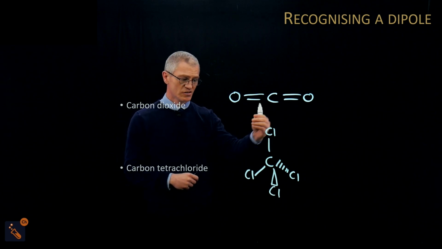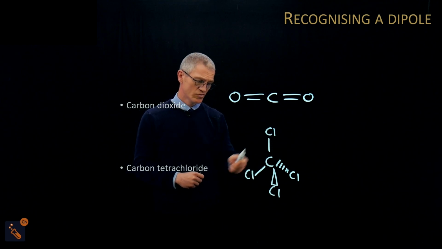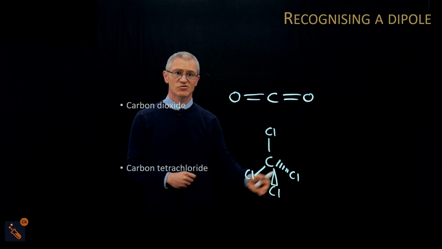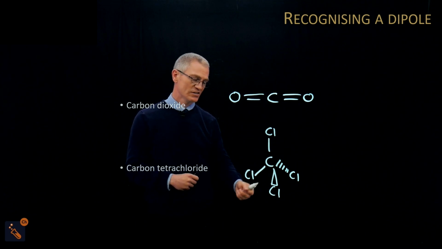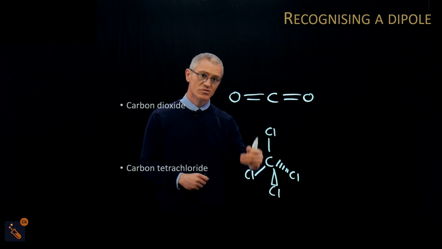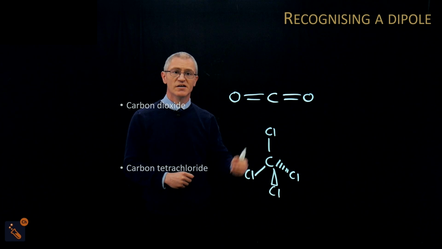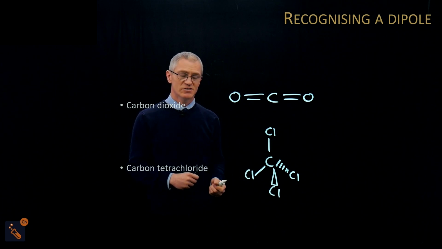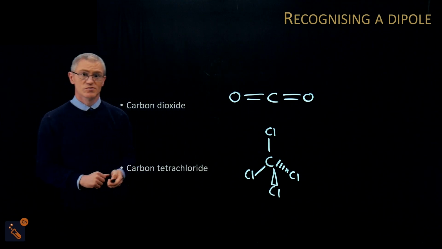Everything is pointing in opposite directions to each other, essentially. There's symmetry all the way around the molecule. This is tetrahedral, 109.5. This is linear, 180. If it's tetrahedral and you've got the same element on each one, then there is symmetry down the entire molecule, and therefore it will not have a dipole.